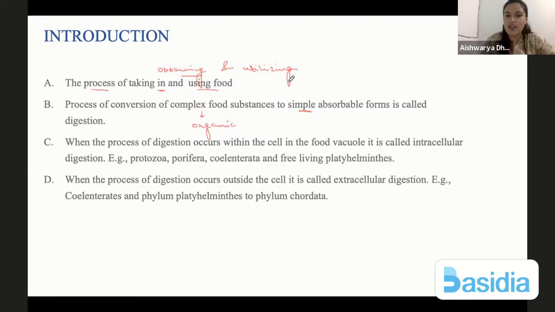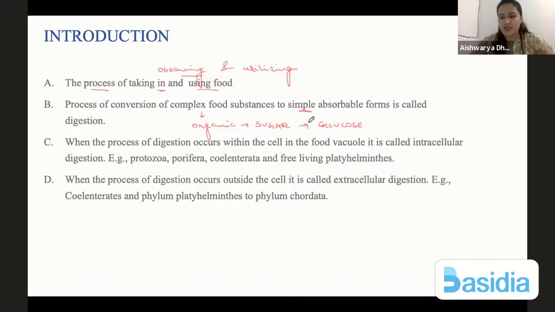All these things can be organic compounds. These are broken down into simpler forms. So example, if you're consuming sugar, sugar will be broken down into glucose, right? And that is the simple form. So it's the simplest form of the organic matter that will be absorbed.